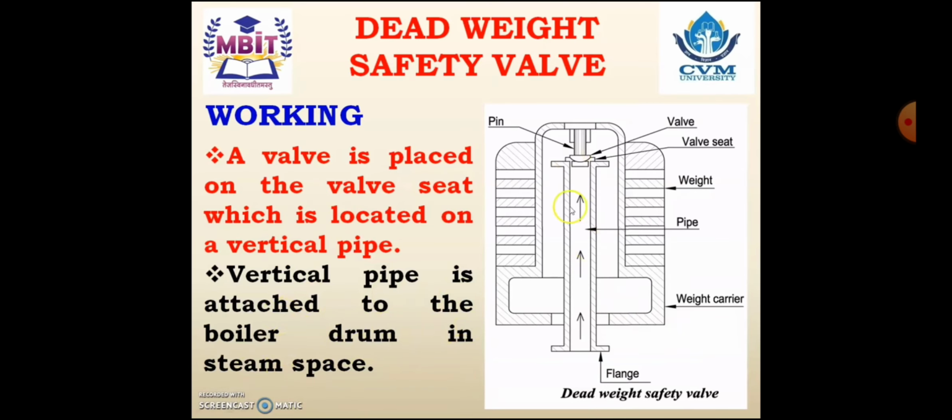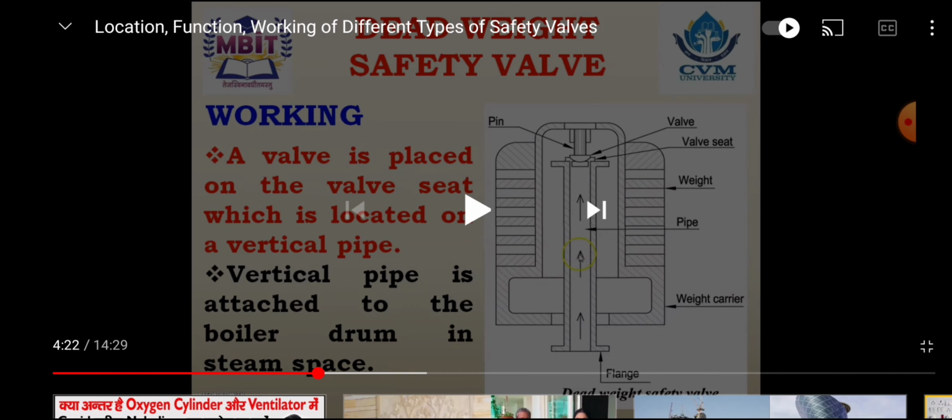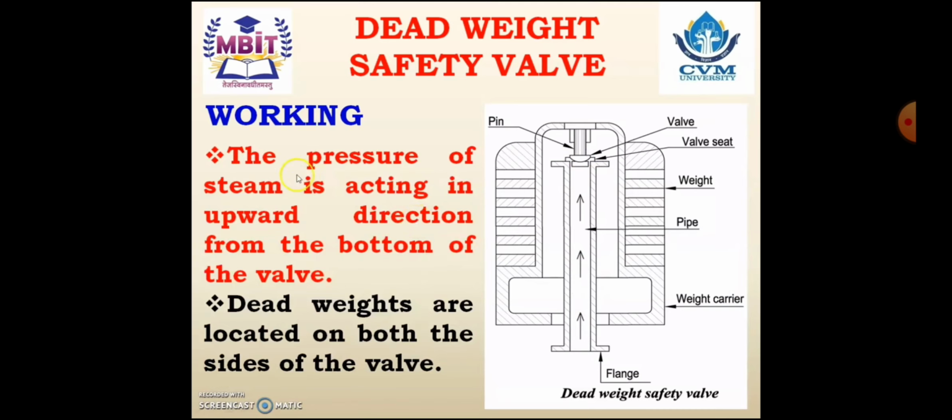The steam enters the vertical pipe and exerts pressure in an upward direction on the valve, from the bottom of the valve.